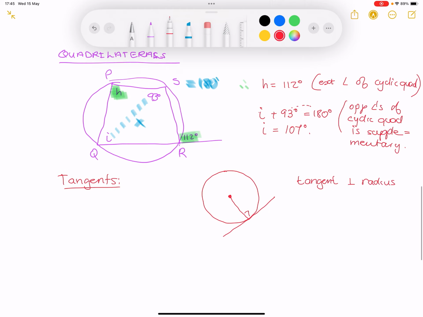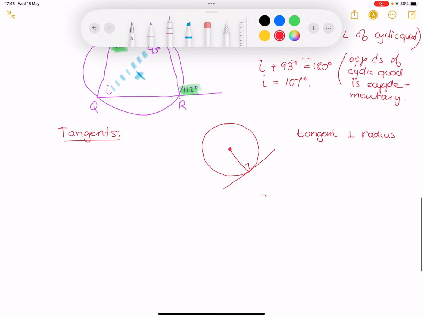Okay, and then if you have a tangent and you have a line there, this angle here, if you have this angle here, this line is next to that angle, do you see? Yes, ma'am.